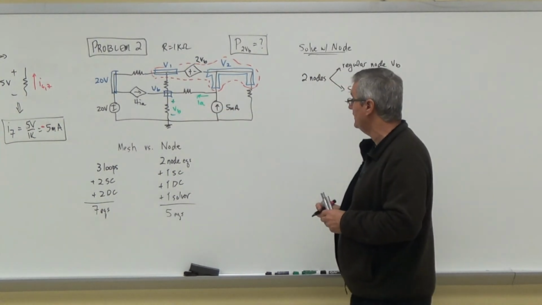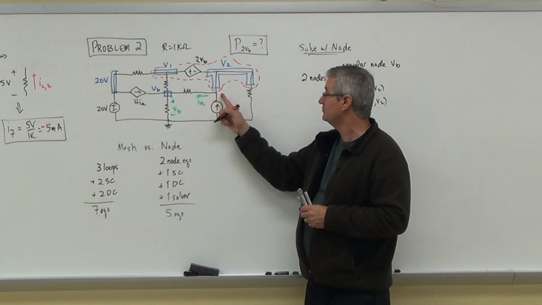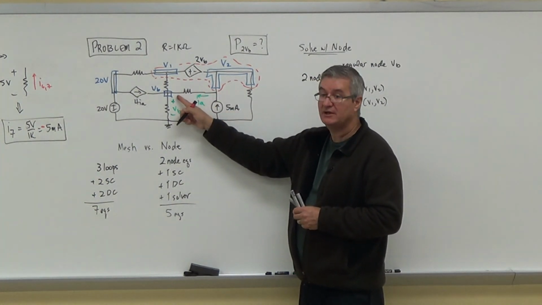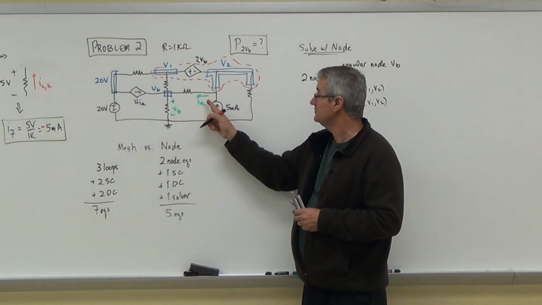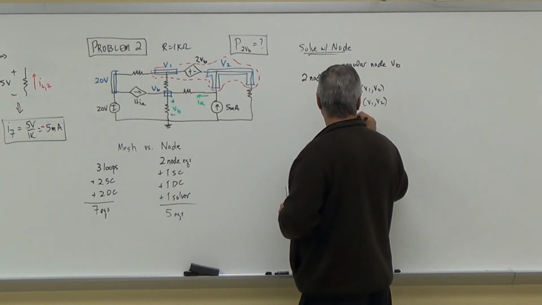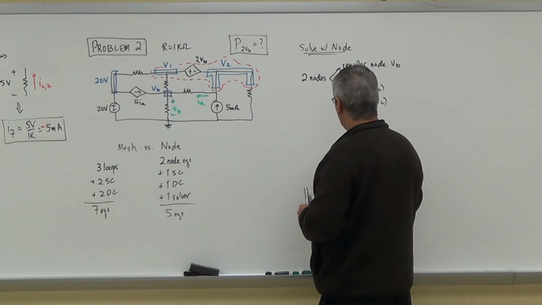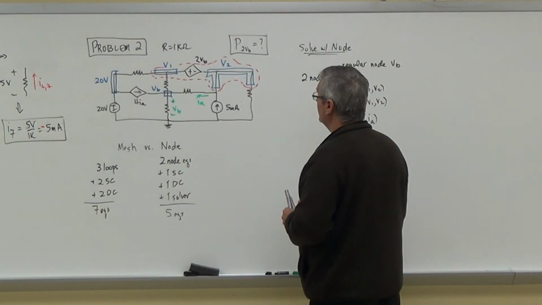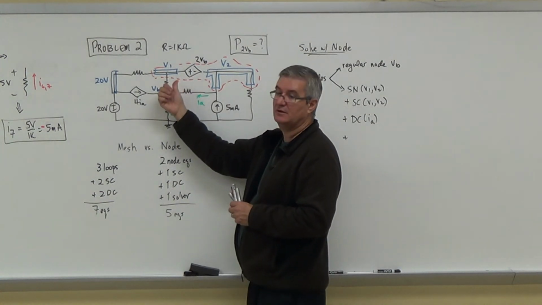So I need IA. How do I define IA? Well, look at the direction of the current. It's flowing from a high to a low potential here, so it's got to be V2 minus VB gives me IA. So then I have one dependent condition, and that has to do with IA. And then I need a solver here. The solver that I need is the current.